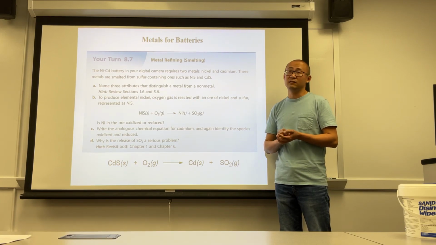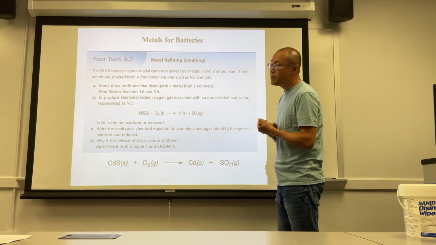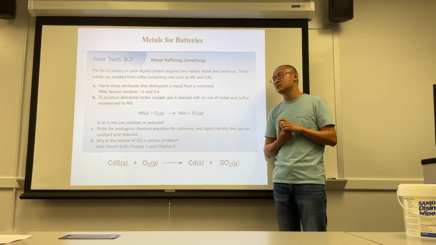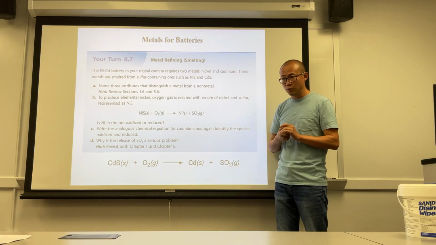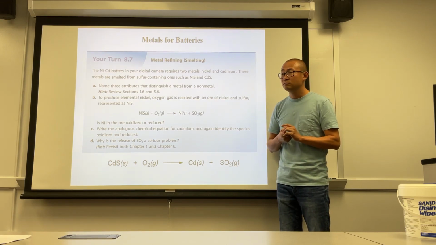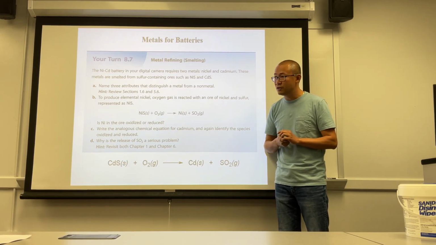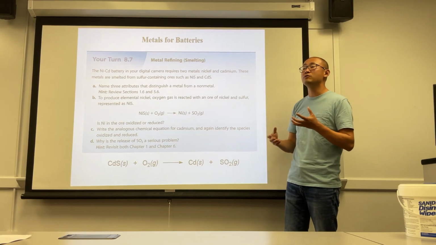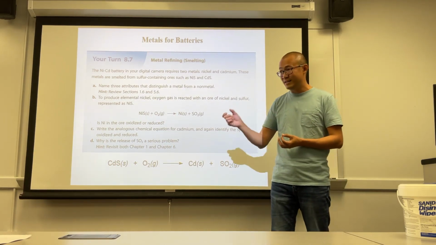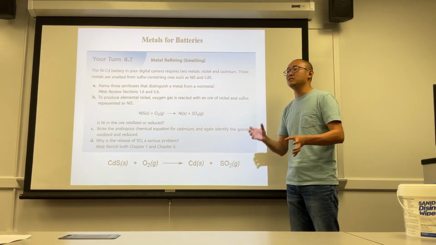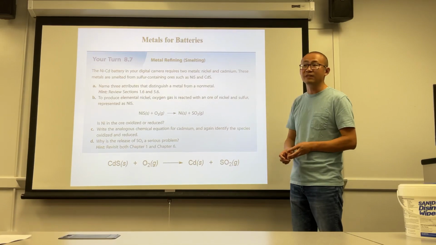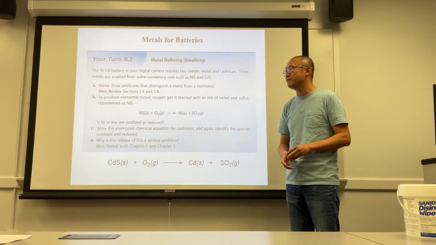Yes, to be more specific, reactivity means that metals in a chemical reaction tend to lose electrons to become positively charged. Non-metals tend to gain electrons to become negatively charged. Remember, we have a charge table. Metals are positively charged, non-metals are negatively charged. If you mean that, yes, reactivity is one of them.